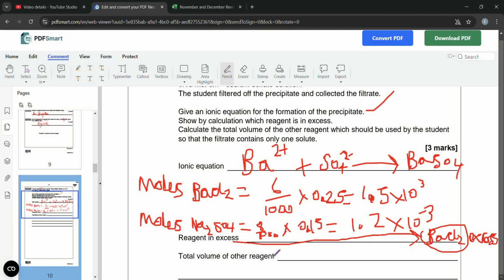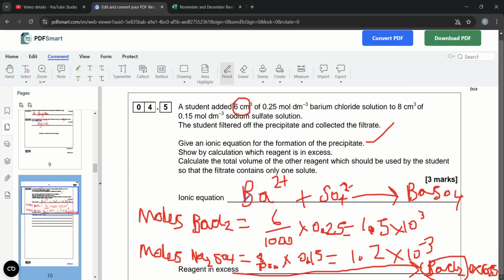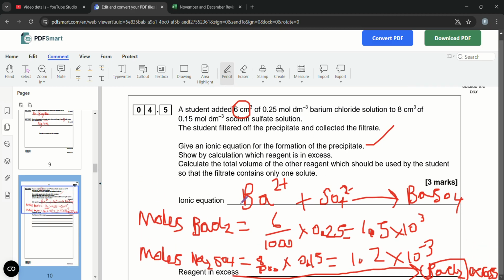And then it says calculate the total volume of the other reagent which should be used by the student so that the filtrate only contains one solution.